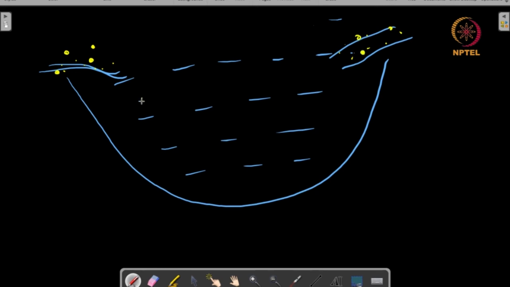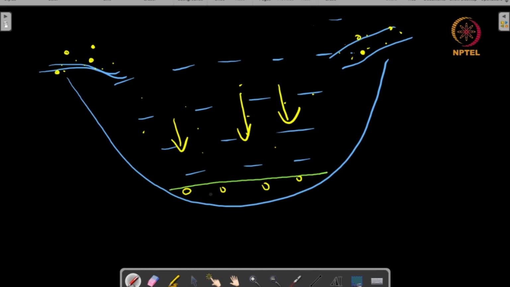Now these sediments get into this water body. The rocks will settle down very quickly, but the other sediments will also settle down after some time because of the action of gravity. So all of these sediments are settling. So basically what will happen is we will get a layer of these sediments. Then after some time we will get another layer of sediments.